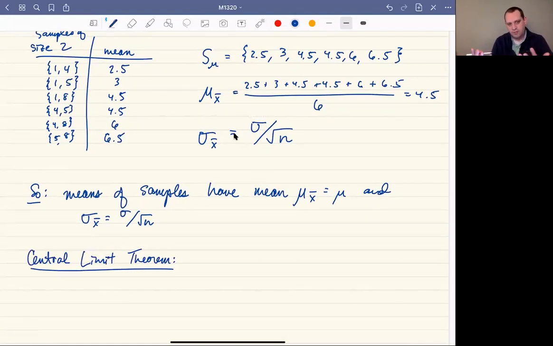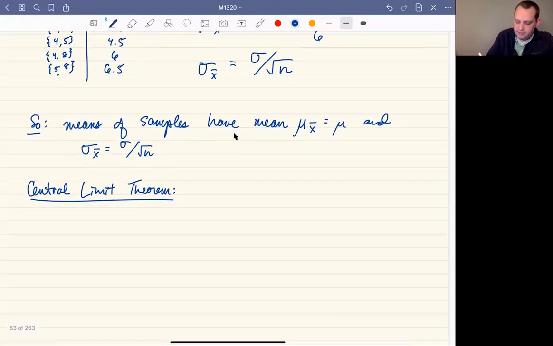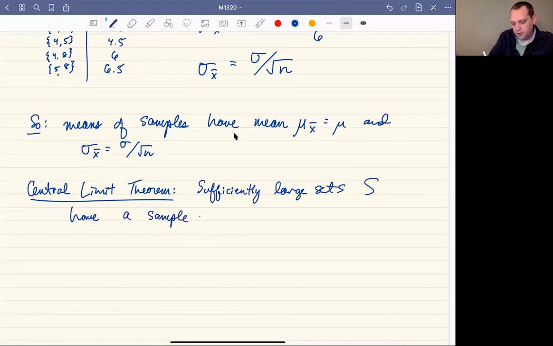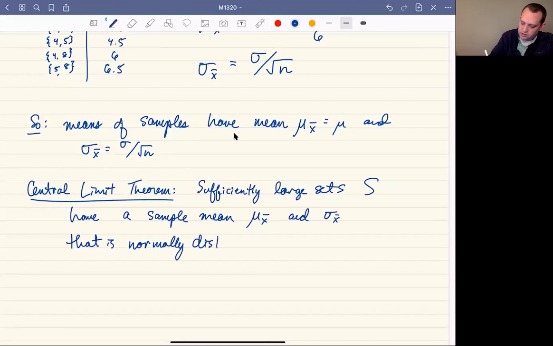The idea is that sufficiently large sets S have a sample mean mu sub x and a sample standard deviation that is normally distributed, with mean mu and standard deviation sigma over square root of n.